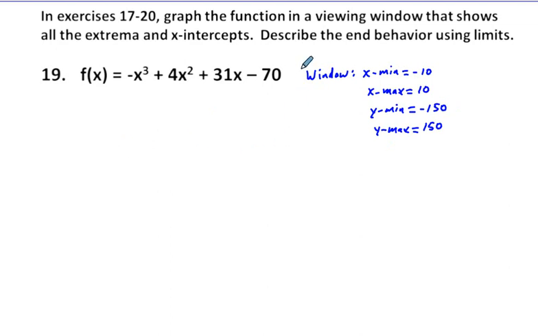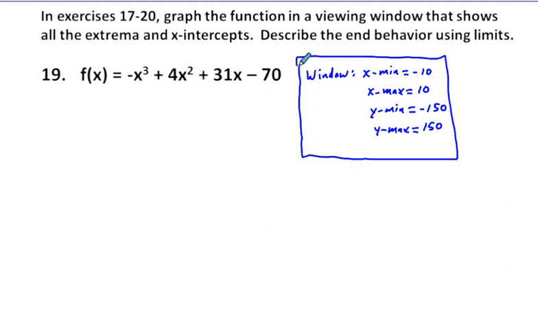And as far as what our end behavior is, our end behavior is going to be the limit as x approaches infinity of f of x is equal to, well, let's look at the nature of this function.